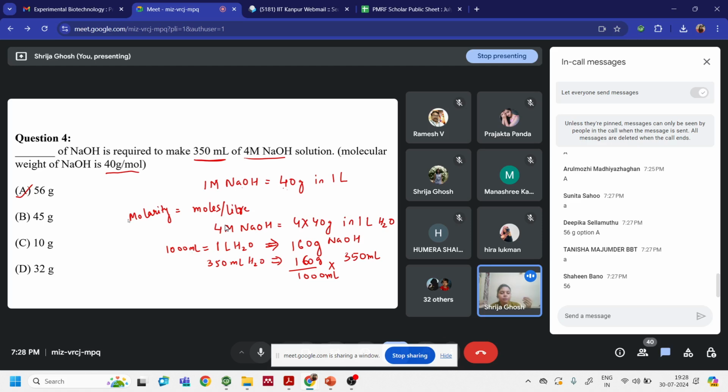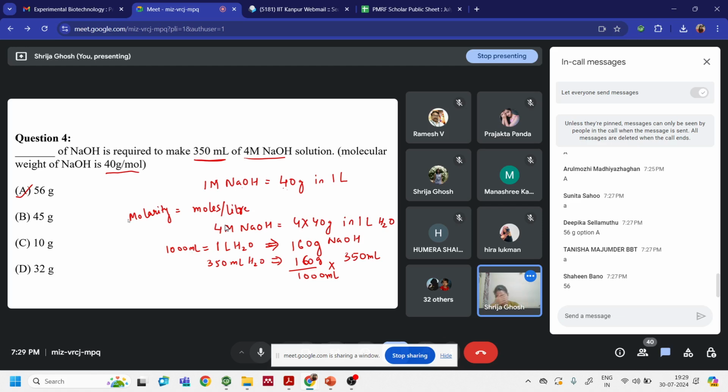If I have to prepare different molarity solutions of NaOH, I should not spend a long time thinking how many grams I have to weigh and how much water I should add to make a particular concentration. So if you keep practicing such questions, it would be very easy for you to quickly find the answer.